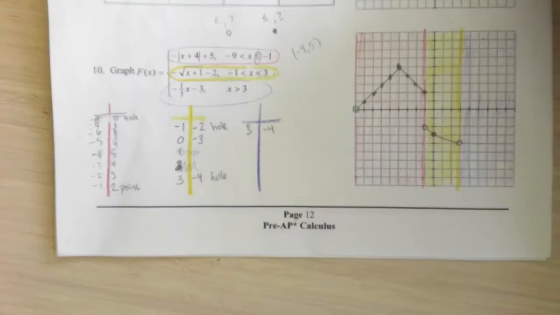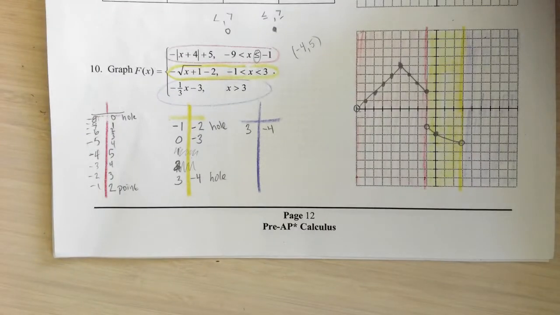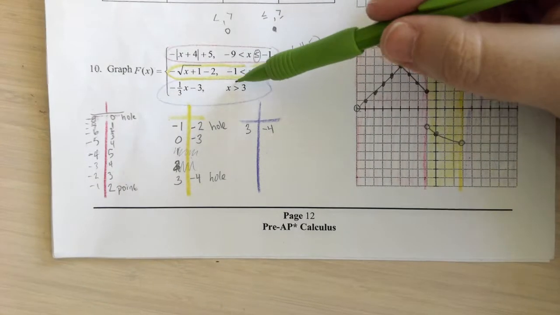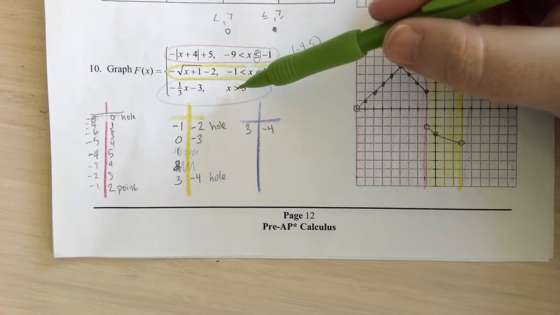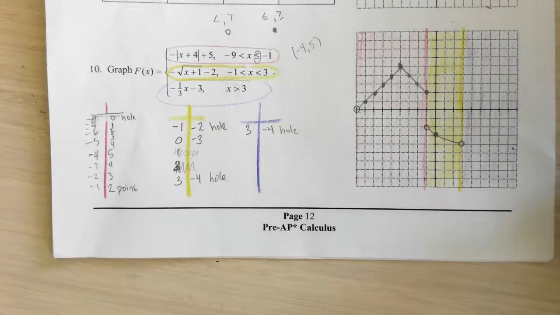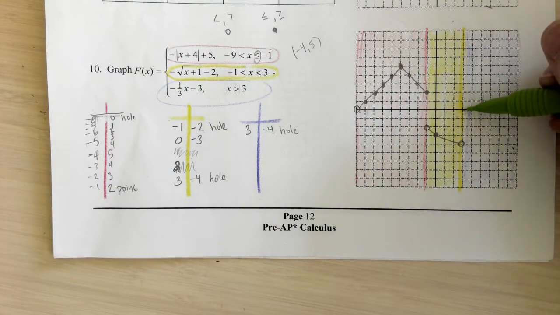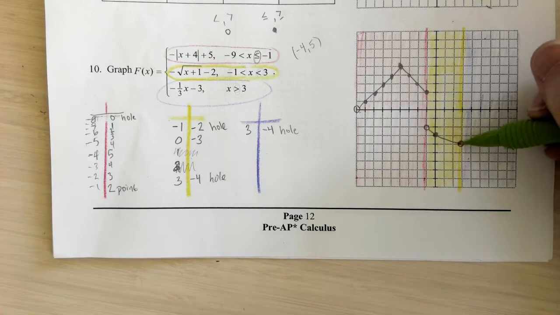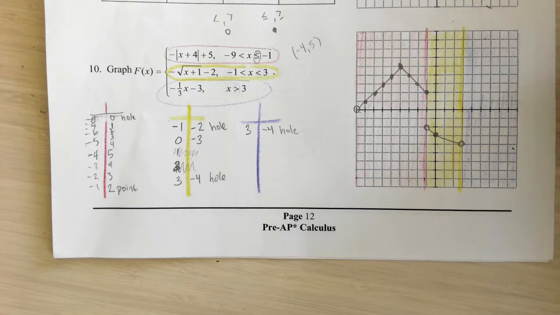So I have the ordered pair 3, negative 4, and then look at your symbol. There's no equal to there, so that means right here I want there to be a hole. So over here on my graph, I'm at 3, negative 4. There's already one there, and make sure there's a hole, so there's the hole. Actually this yellow section and purple section share this hole right here.